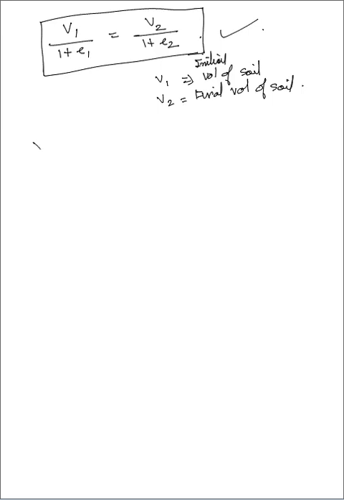Another formula which we come across in the consolidation chapter regarding settlement is SI = QB (1 minus mu square) upon E into IF. Here IF will be given to you.